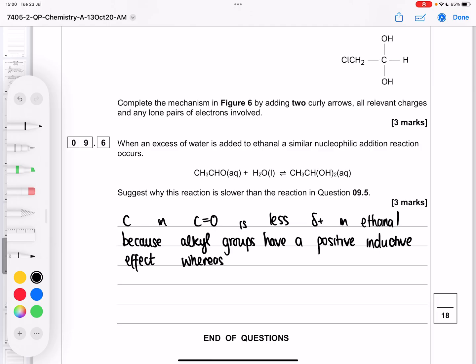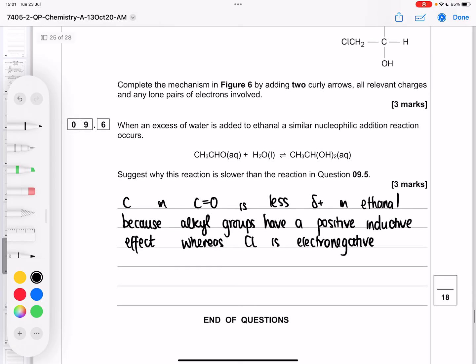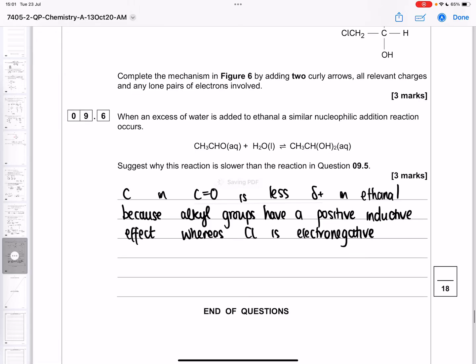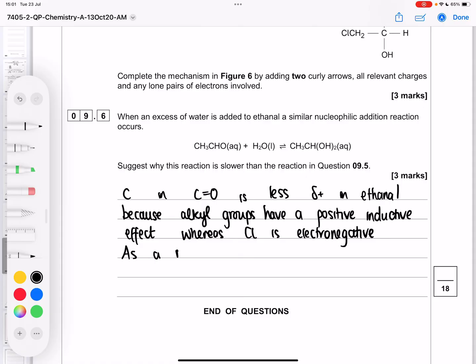Whereas Cl is electron withdrawing because it's electronegative. So as a result of that, the water is much less likely to attack and the activation energy is higher.